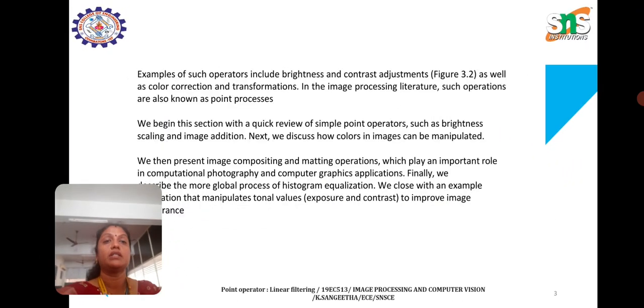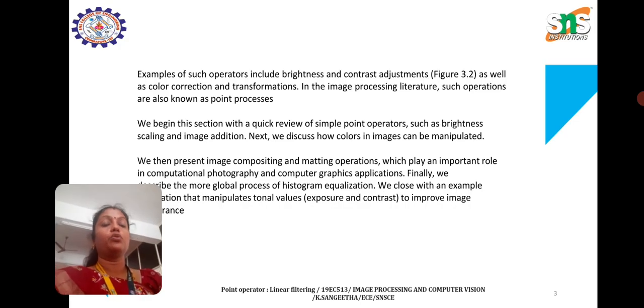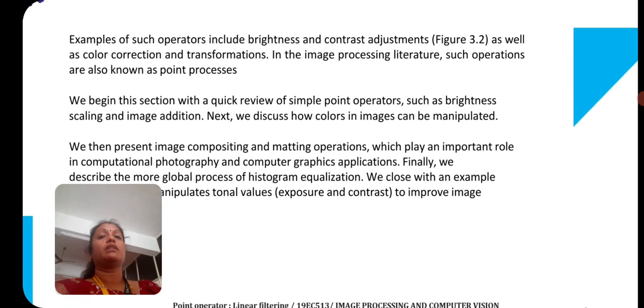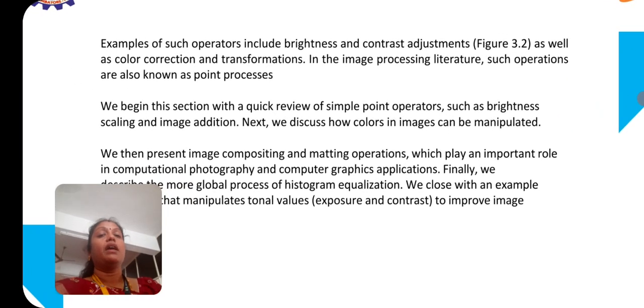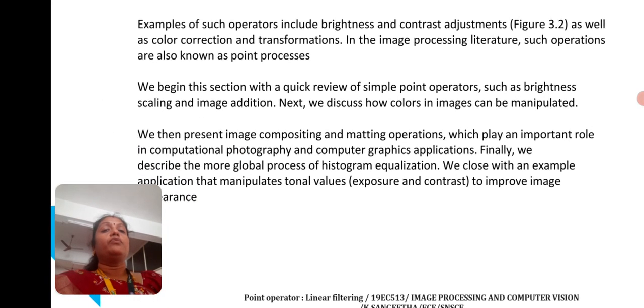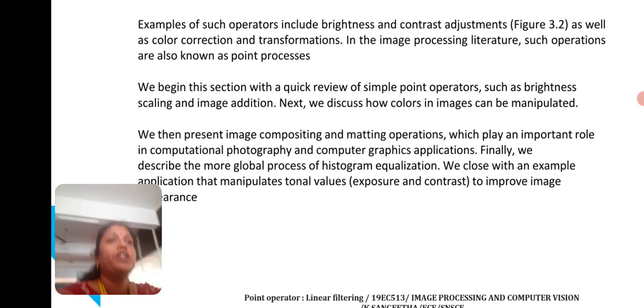Examples of such operators include brightness and contrast adjustment, as well as color correction and transformations. In image processing, such operations are known as point processes. A point operator is a function that maps an individual pixel value to an output pixel value.